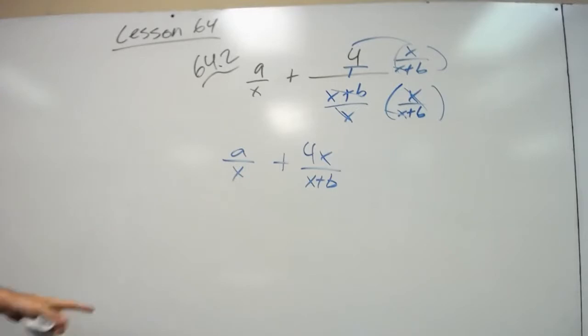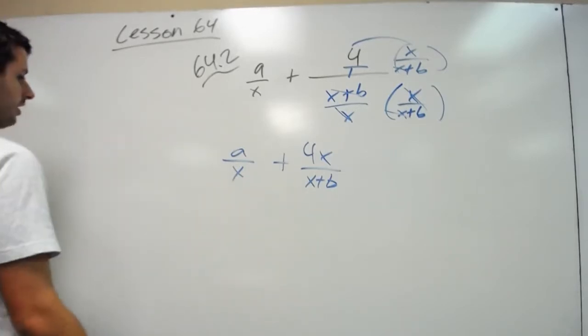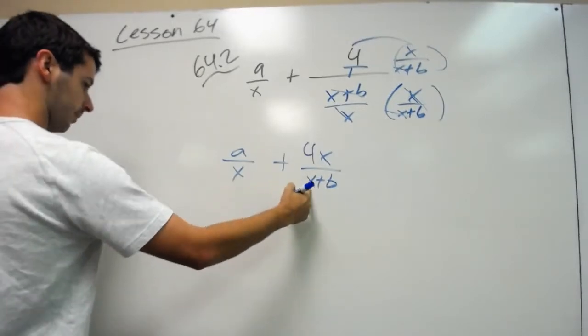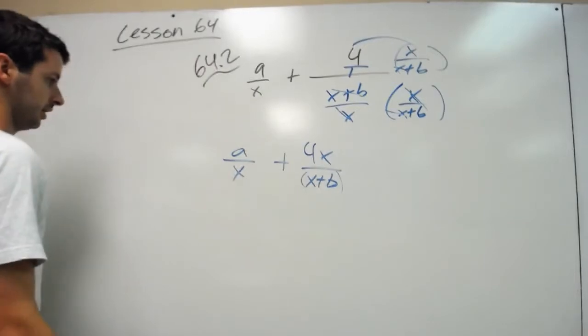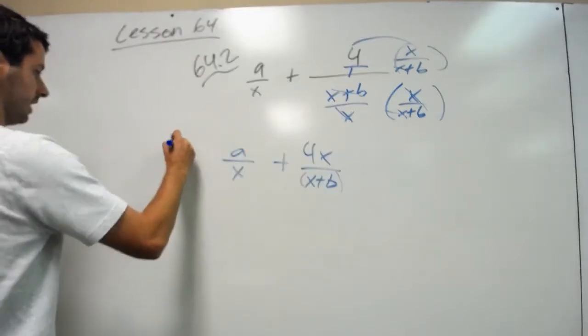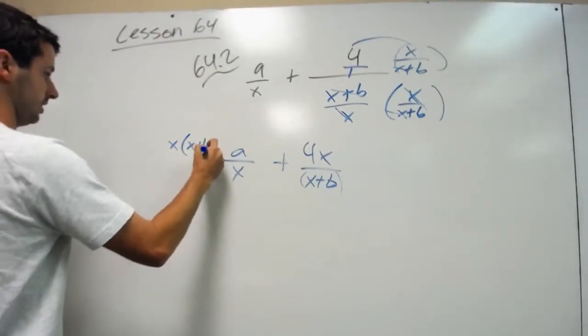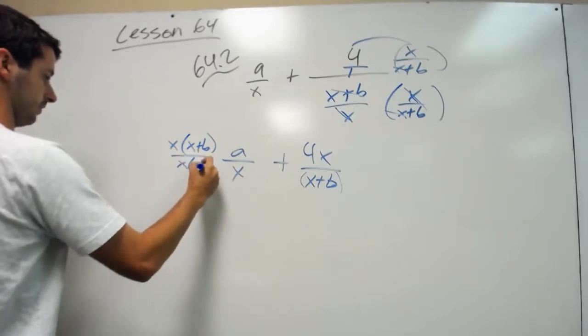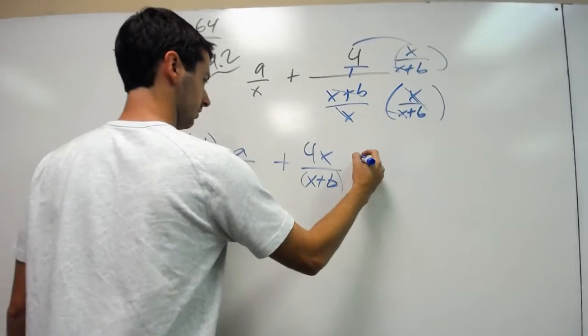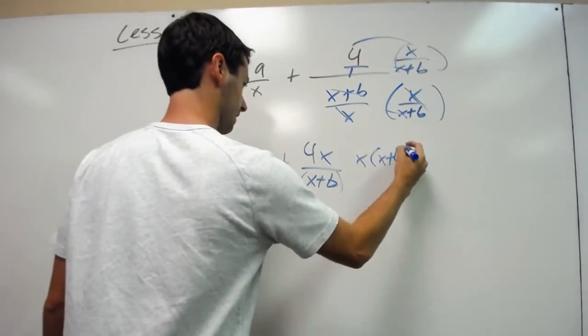Find our common denominator to add these complex fractions. And our common denominator, remember, if it's a sum in the denominator, it's its own identity. So our common denominator is x times x plus b. And we do that on the sides.